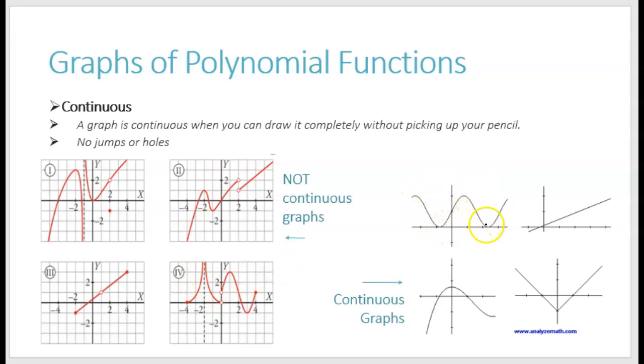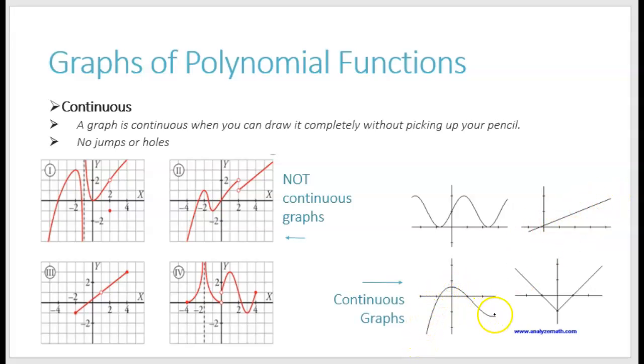Now, over here we've got continuous graphs. This is a curve, right? This is a trig function curve, probably a sine curve that's been transformed. But you can see that I can just keep moving my pen over top of this graph and I don't have to pick it up. There are no jumps, no holes. So this one is continuous. A straight line that goes on forever in both directions with no jumps, no holes, that is continuous.